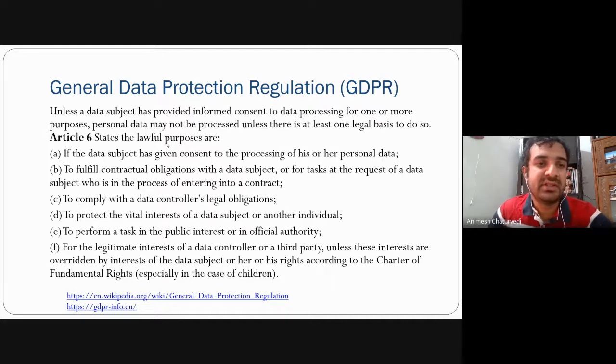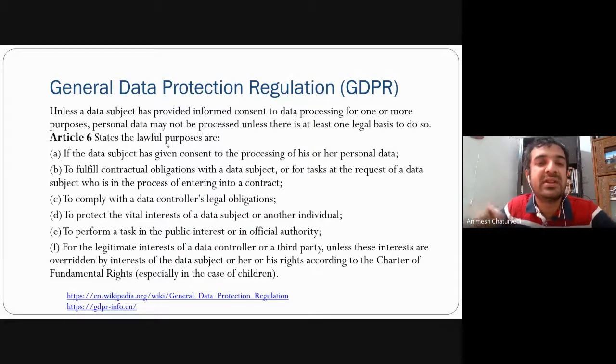What does it say? Until the data subject, whether an organization or a person, has given consent, meaning has signed or ticked the agreement, that data should not be processed.